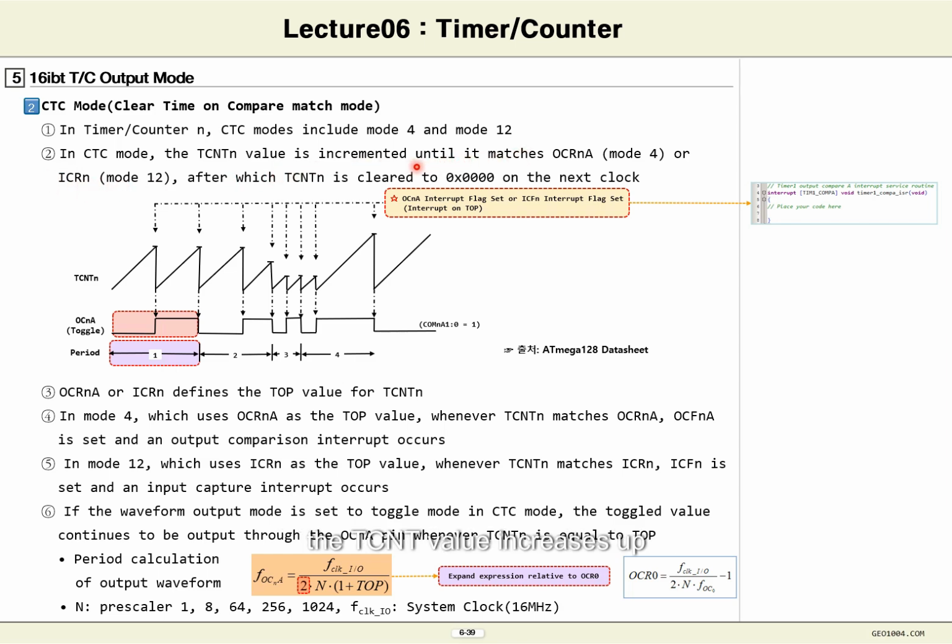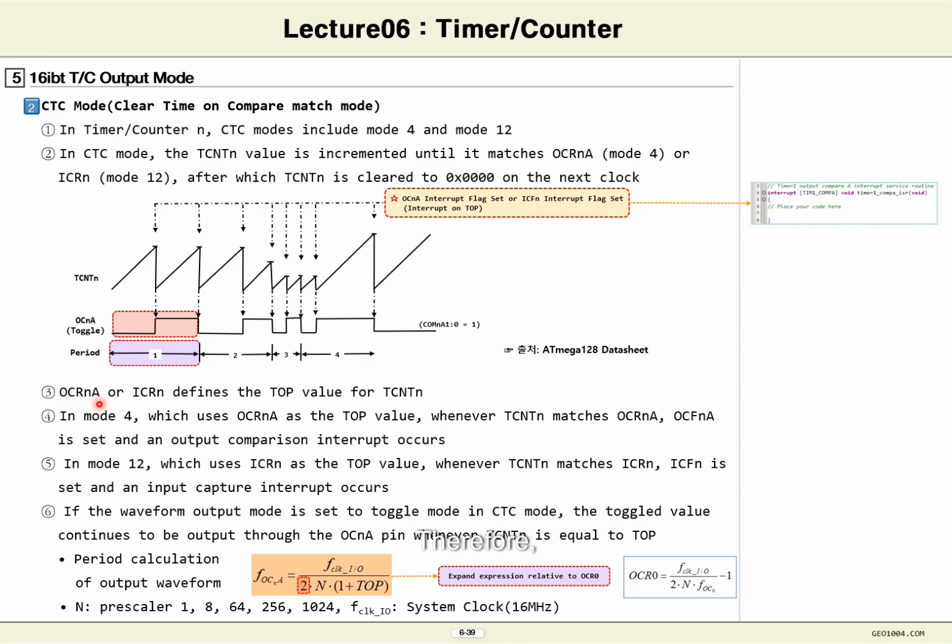Therefore, the TCNT value increases up to each comparison match value, and a match may occur at the moment the TCNT value becomes 0x0000. So as you can see, when two comparison matches occur like this, we can send out one output waveform.